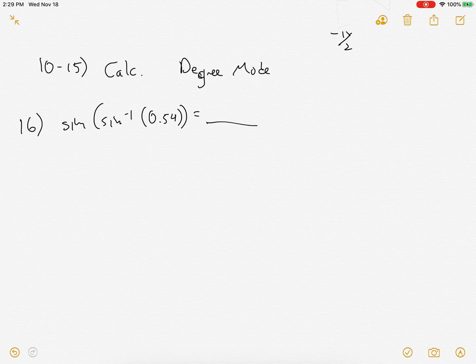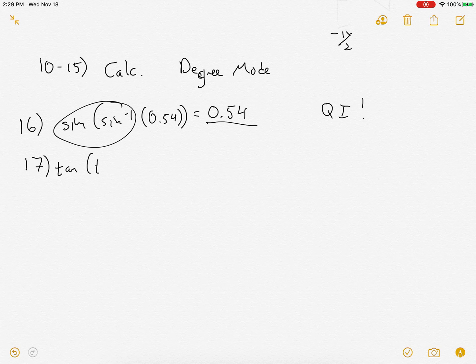We don't know what 0.54 is. But we're taking the inverse sine of that measurement to get an angle, and then we're going to take the sine of that angle. Well, these two things undo each other. So it's simply 0.54 if we're in the correct quadrant. Well, 0.54 is in quadrant 1, so we're good.